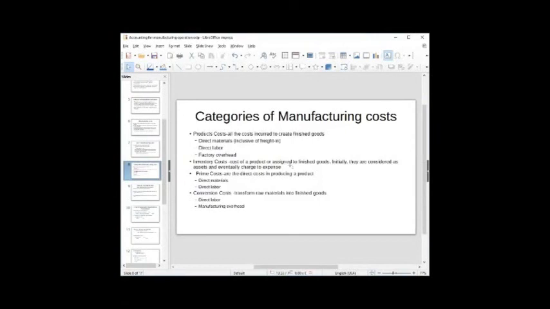If we are going to use the category of prime cost, these are the direct costs in producing a product, and this only covers the direct materials and direct labor. But using the category of conversion cost, that means you transform raw materials into finished products, and these are the direct labor and the manufacturing overhead.